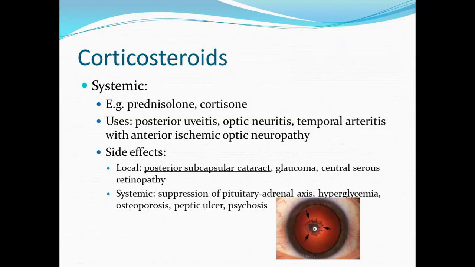It can also cause glaucoma, which is more commonly seen with topical steroids, and it can also cause central serous retinopathy. The systemic side effects include the suppression of the pituitary adrenal axis, hyperglycemia, osteoporosis, peptic ulcer, and psychosis. So these are the list of adverse effects of systemic corticosteroids.